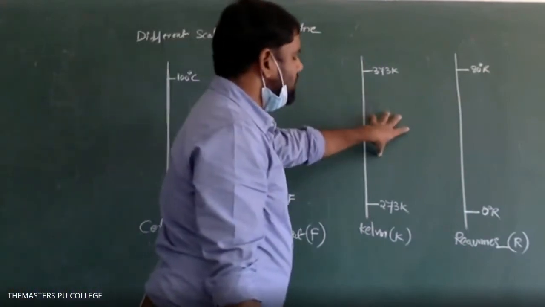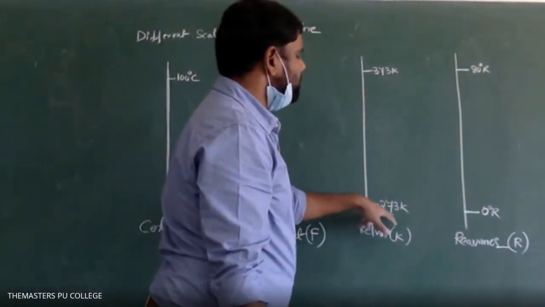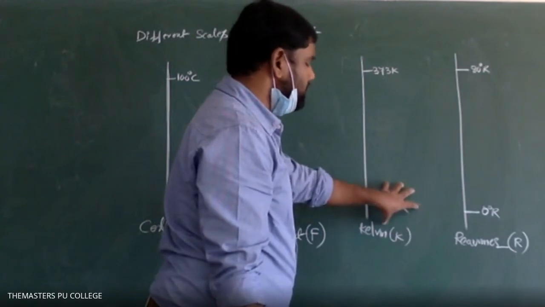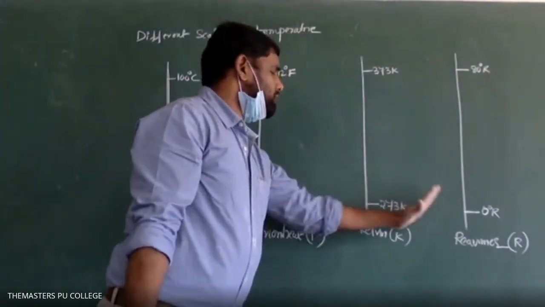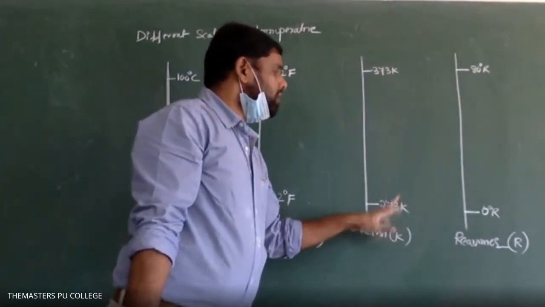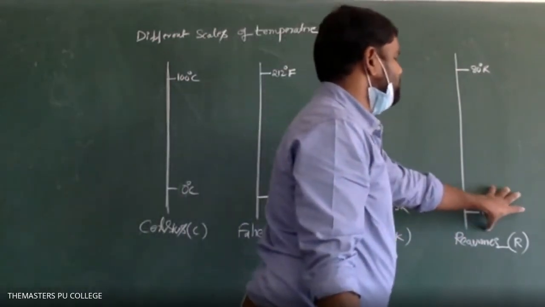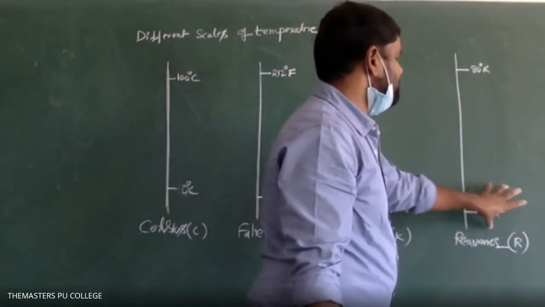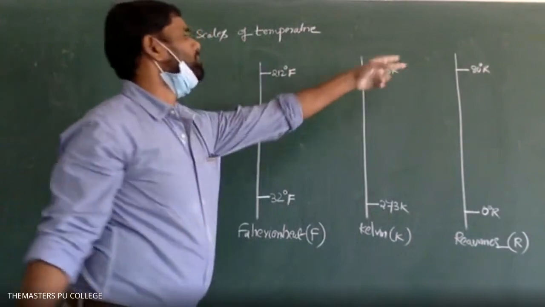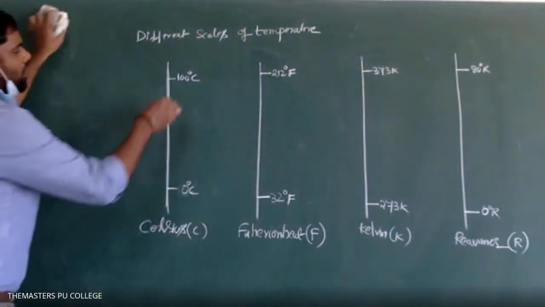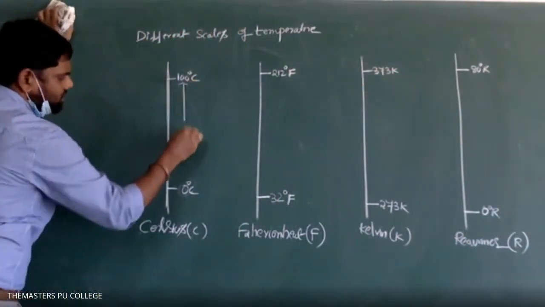According to Kelvin scale of temperature, the lower fixing point is 273 Kelvin. According to that, here the ice will start to melt at 273 Kelvin. And in Reamer scale, LFP equal to 0 degrees R means the same will happen in Reamer scale. Similarly, these are the upper fixing points. How many divisions are there in the Celsius scale?